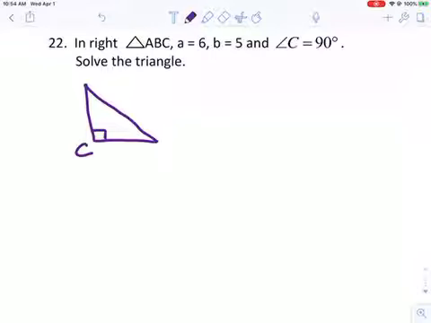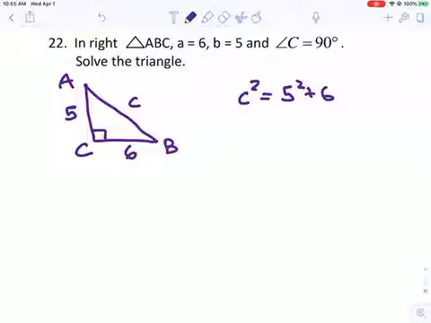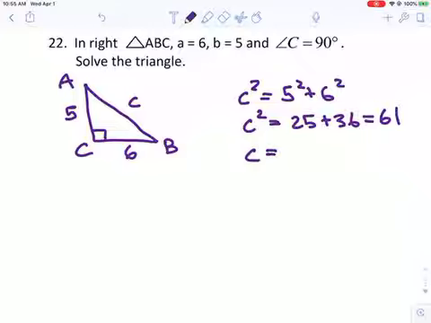Angle C is the 90. Side A is 6. Side B is 5. Okay, so we can find C. The square root is 61.